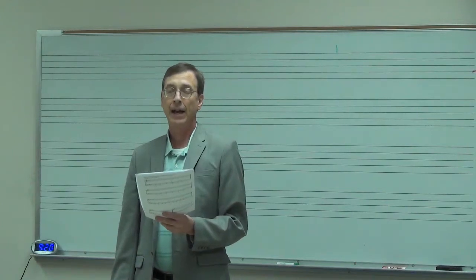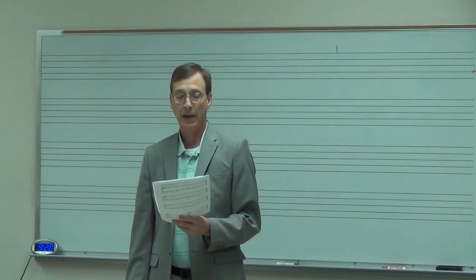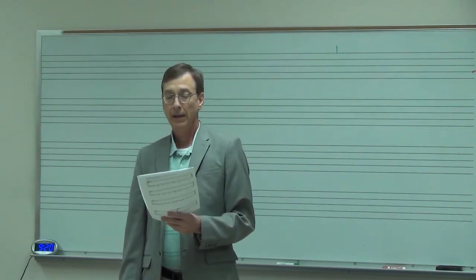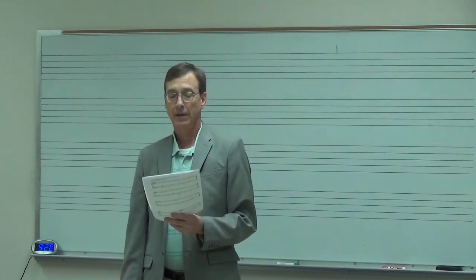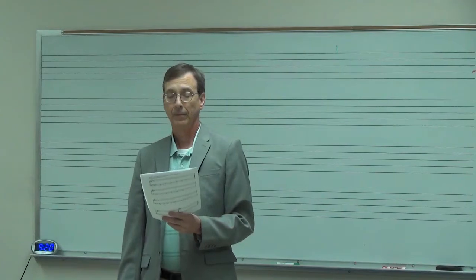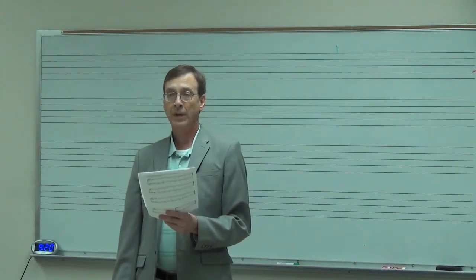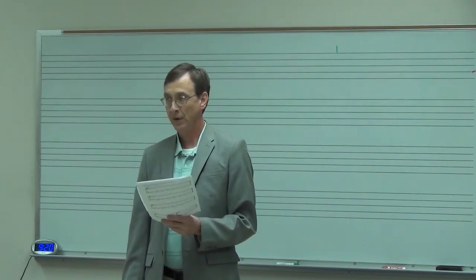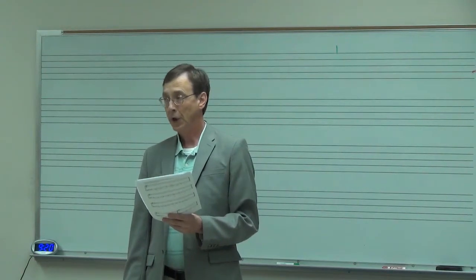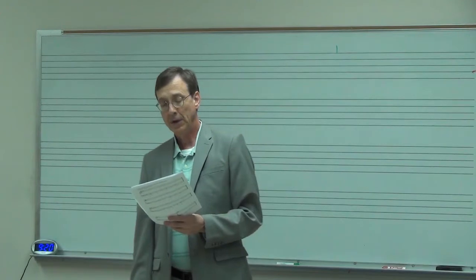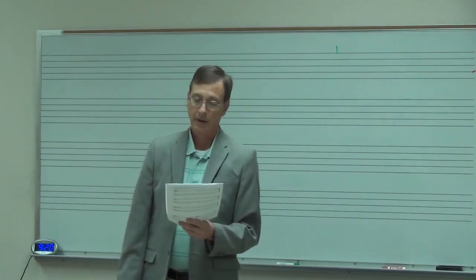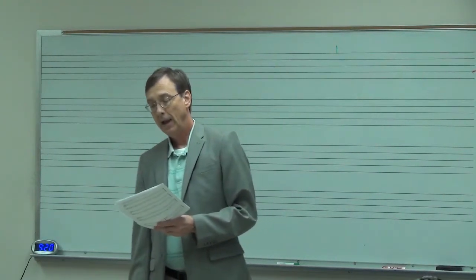Okay, the first example. Is there an augmented 6 chord in it? And there is. What is it? First beat, second measure. And it is what kind of augmented 6 chord? German. Next line. Is there an augmented 6 chord? Yeah. French.